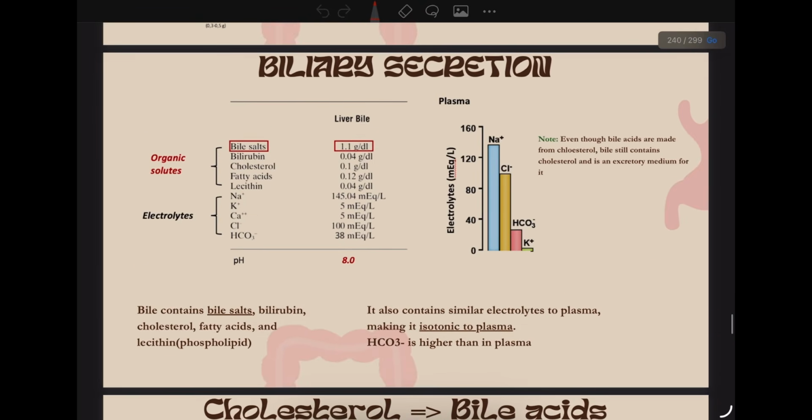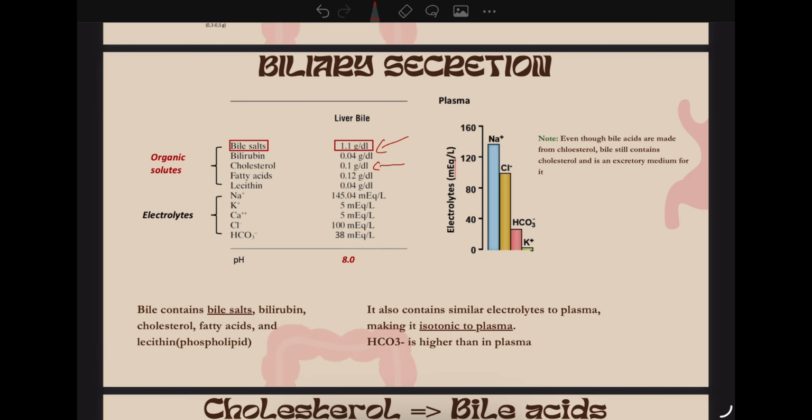Now, what does bile contain? As you can see, the main thing is our bile salts, which are our bile acids. You can see that it also has some cholesterol. Even though bile salts are made of cholesterol, it doesn't mean that all cholesterol will be taken to bile salts. We will have a bit of cholesterol there, and we will discuss why cholesterol is important here and what the clinical correlation for that is.